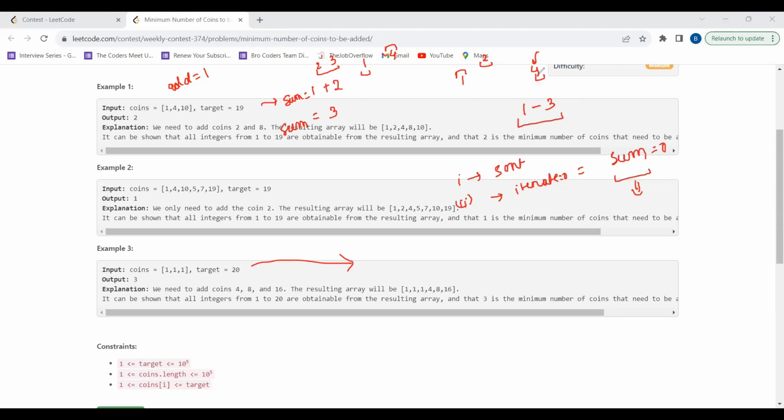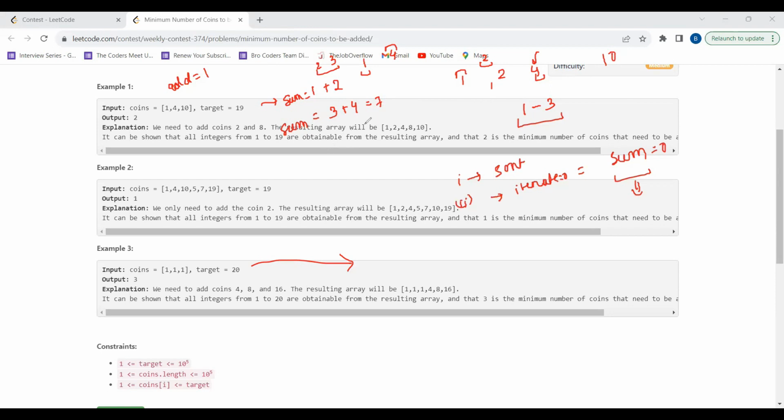Now can we form 4 also with 1, 2, and 4? Yes, we are getting 4. Now our sum is 7, so we can form all the elements up to 7. Now after 4, we are getting 10.